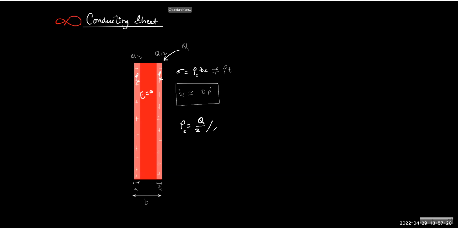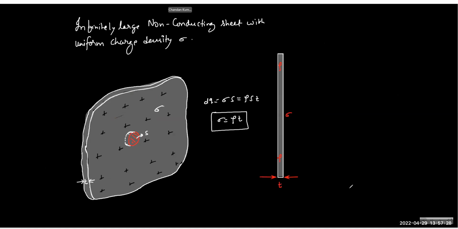Or you can say area, let's write it like this. And therefore, if I compare the answer with the previous case, here if I give charge Q, the Q will be part of the entire volume. So the density in case of non-conductor, let's call it NC, is actually Q upon area.